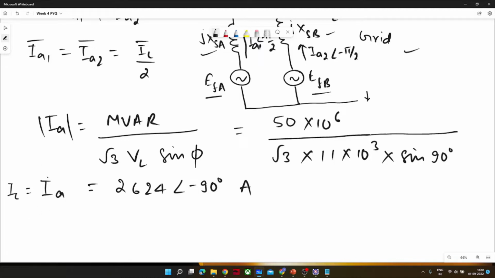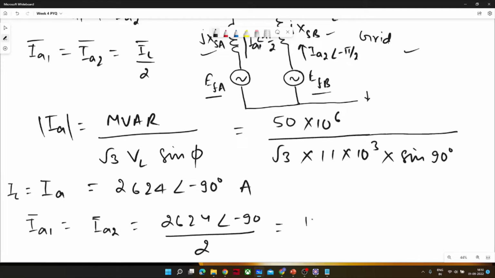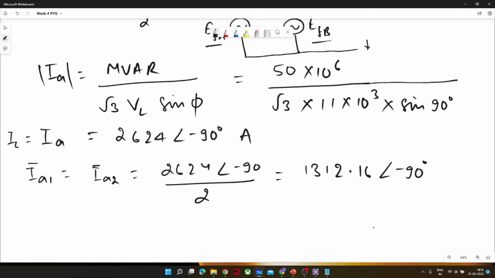Now, if we know IL, we can calculate IA1 is equal to IA2 is equal to 2624 angle minus 90 divided by 2. That would be 1312.16 angle minus 90 degree. If all the angles are the same, then we can add arithmetically. We need not worry about the phases here, right? All the currents are in phase.